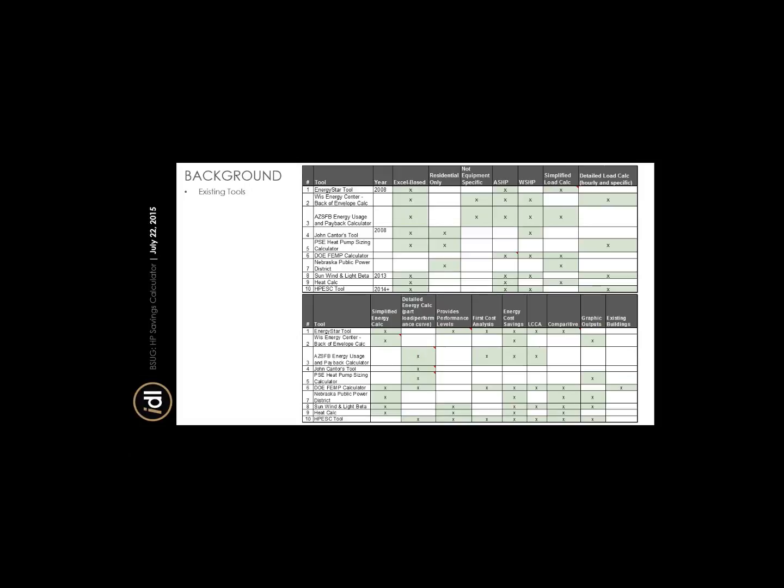We looked at residential versus commercial use, what kind of equipment, whether the load calculations were simplified or detailed, and the same for the energy calculations. And then we looked at performance levels, if those were available in the tool, some cost information, and whether the tool had comparative capabilities.